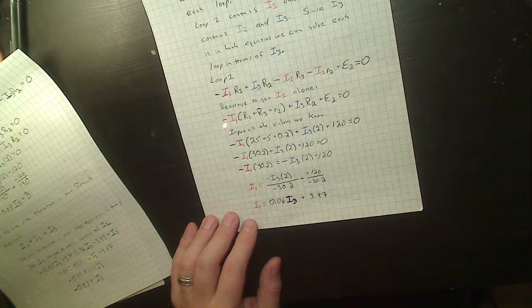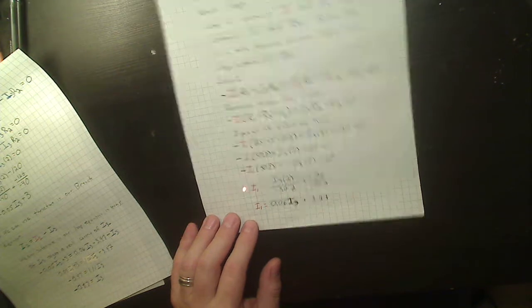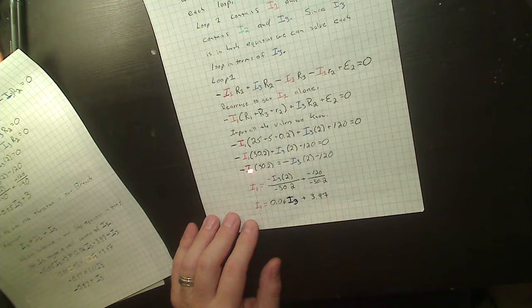So this is just algebra, and then at this point I input all the values that we know, right? So we have all of the R values and we have the E value, and then from there I simplify down. I combine, and then I subtract I3 and I subtract 120 to move them to the right side of the equation. Then I divide both sides by negative 30.2, so the negative is lost on this side, and so is the 30.2.